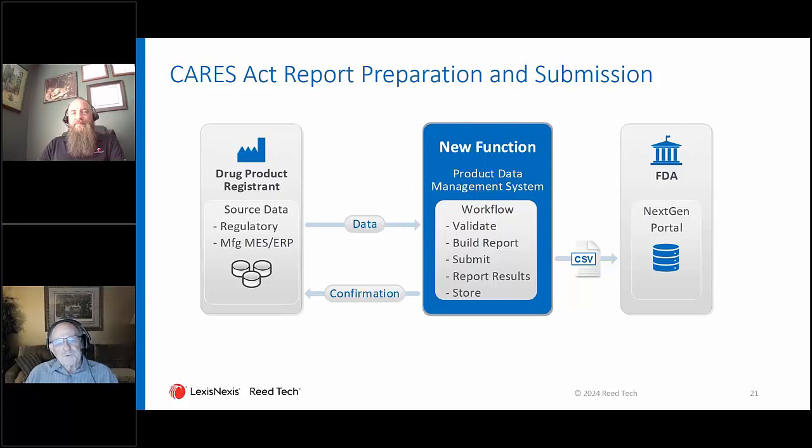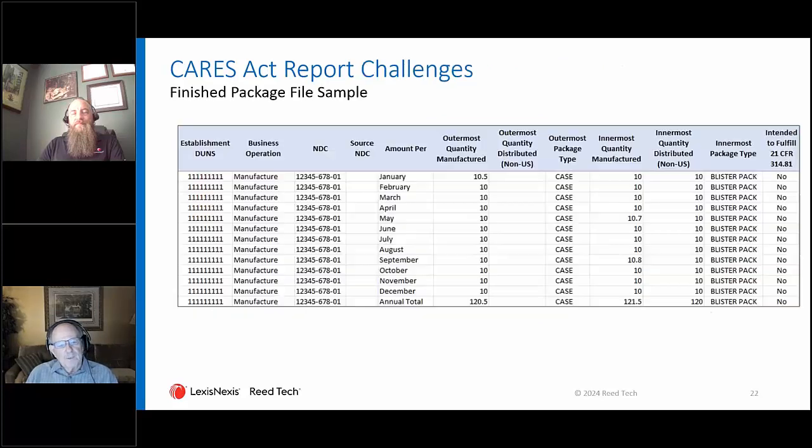Now, there are some nuances when you go about working with this particular data set. And I'm just going to use the finished package file as an example, but most of these comments would be reflective to the two other templates as well. This is a sample FDA report, but one thing that the FDA cautions, and I've experienced it numerous times, when you have a CSV file and you open it up under Excel, the leading zeros in a particular number field are dropped.